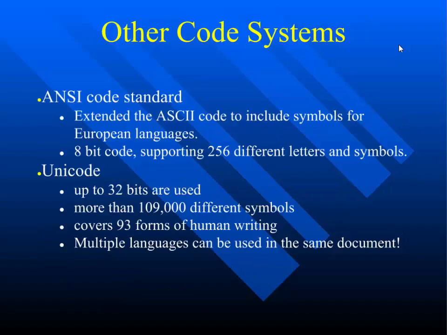Now, there's other coding systems out there. I used to spend a lot of time converting between ASCII, ANSI, and Unicode. I was an international programmer, so my job was to take English language programs for English language audiences and translate all the screens so that it would be in Japanese or Arabic or Spanish.